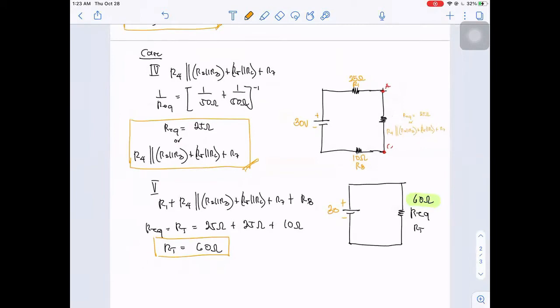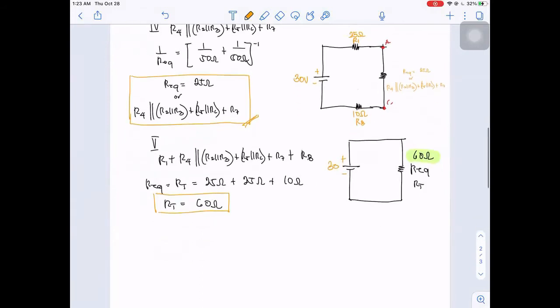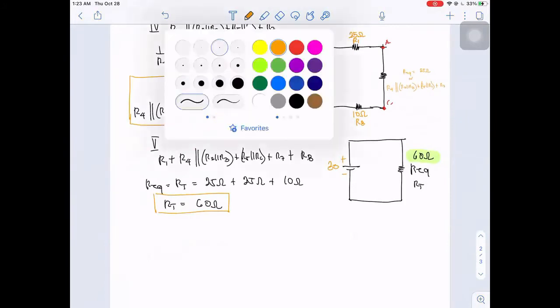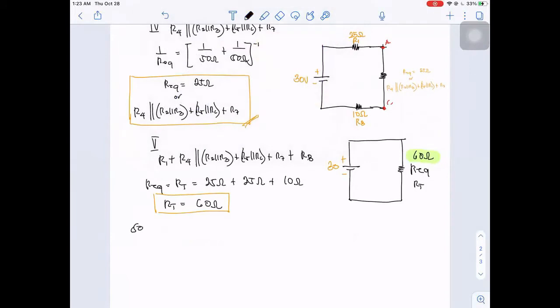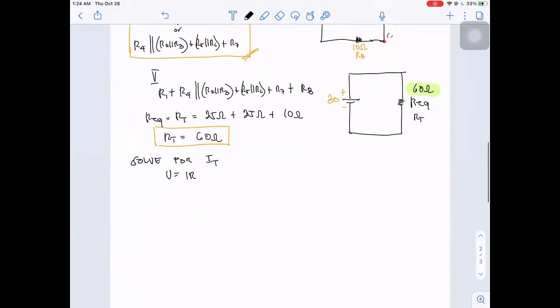Now, after solving for the total resistance, we can solve for the total current that is flowing in the entire circuit. Since we have our RT, we already know that V is equal to IR. So we can solve for IT, which is equivalent to VT over RT.